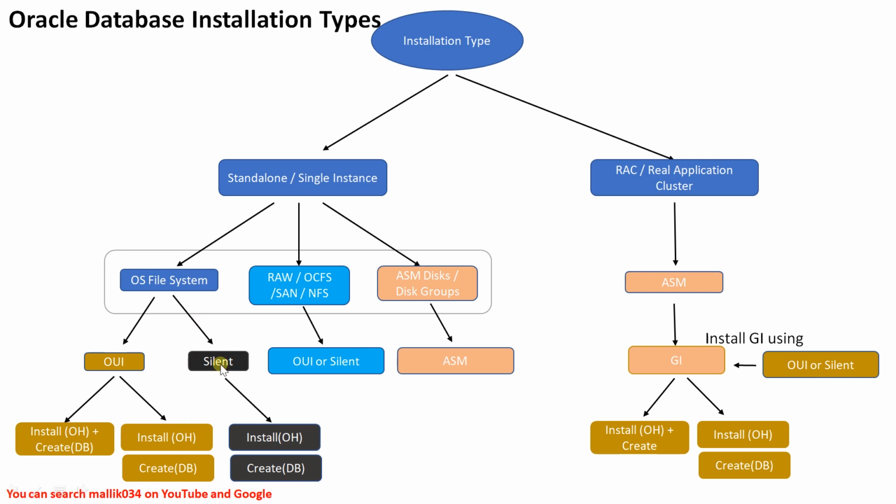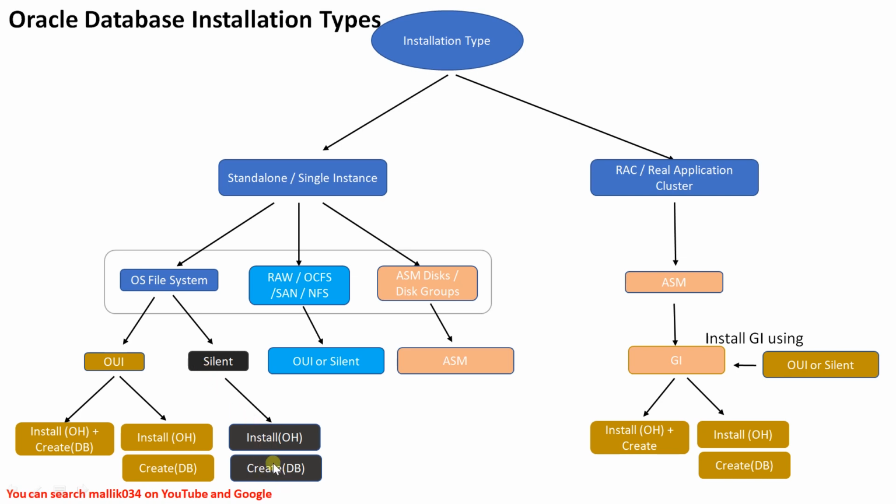And coming to the silent mode, silent mode is command line mode. Basically there is no GUI, no graphical user interface. It's a command line. You have to pass the parameters and install your Oracle Home and your database. So in this silent mode, you have to install Oracle Home separately, and then create your database separately.